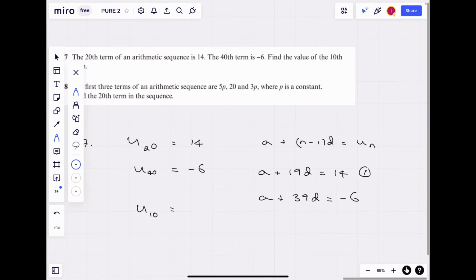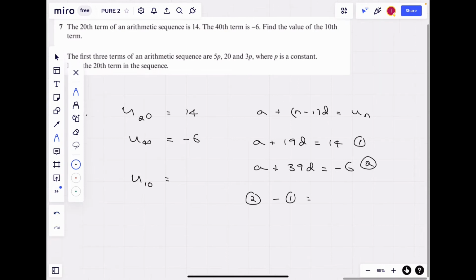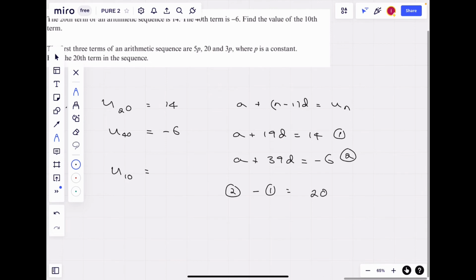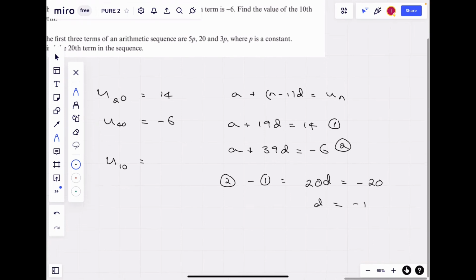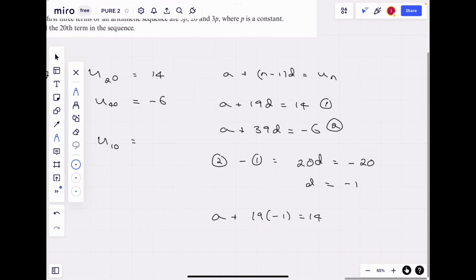And now we've got a simultaneous equation. If we minus 1 from 2, we get 20d equals minus 20. So d equals minus 1. And when we substitute that back in, a plus 19 times minus 1 equals 14. So a minus 19 equals 14.